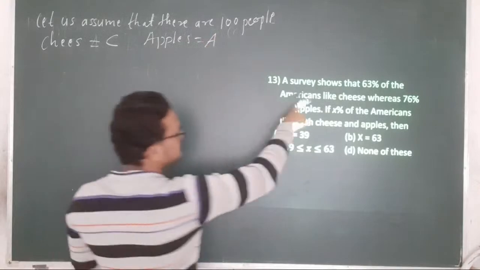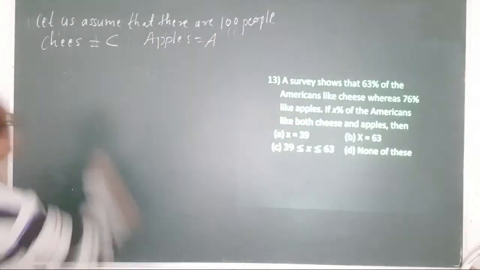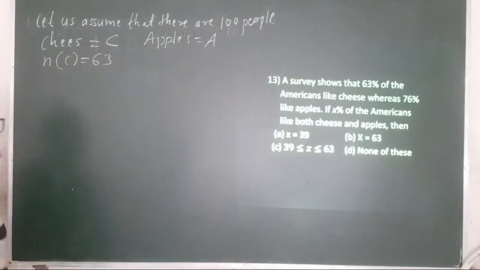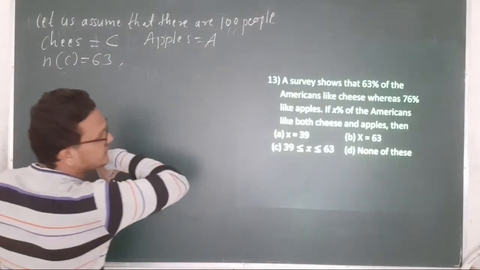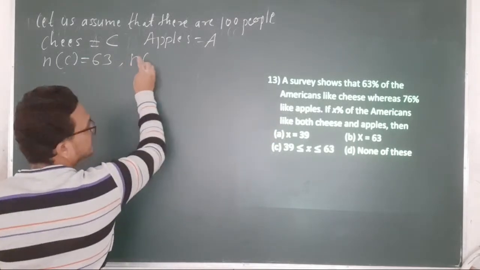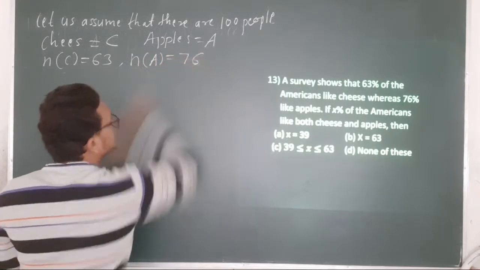So what they have said, a survey shows that 63% of the Americans like cheese. So therefore here n of C is equal to 63. And next, 76% of people like apples, so n of A will be 76.